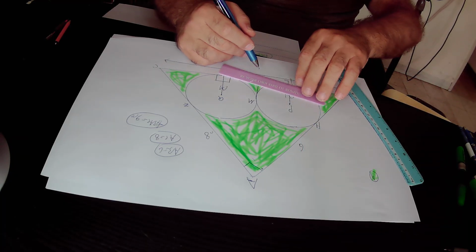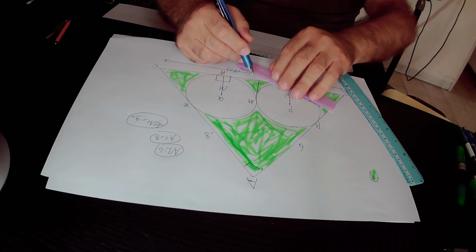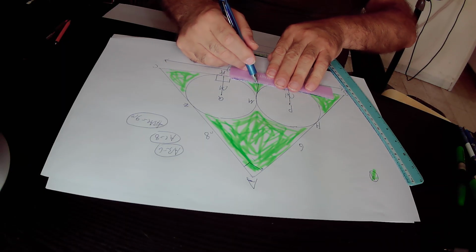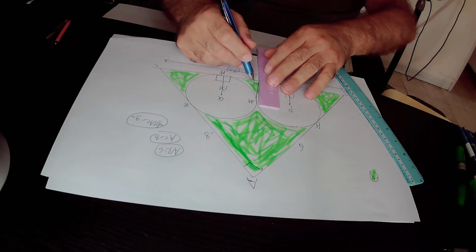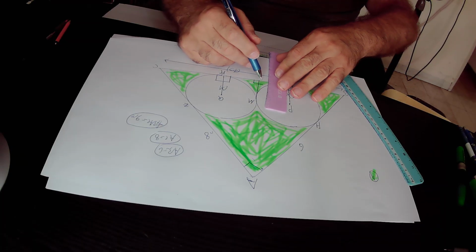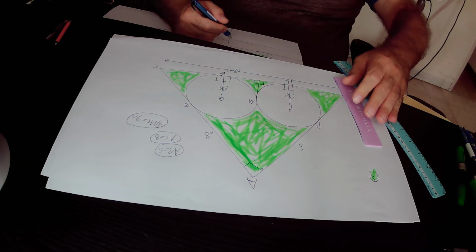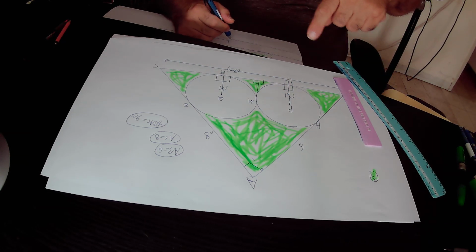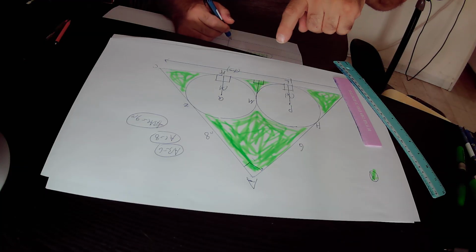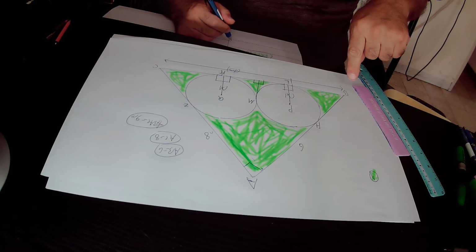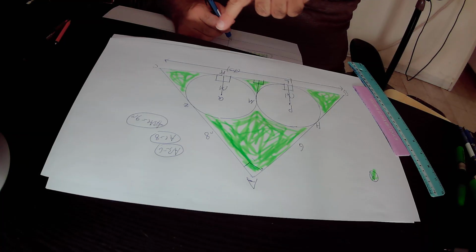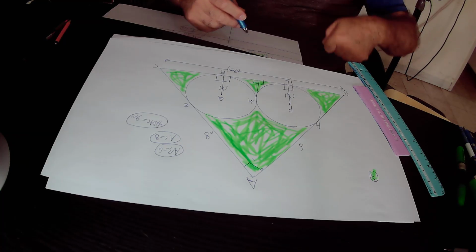So actually, this angle equals 90 degrees, and this angle also equals 90 degrees, according to our construction. So we find the touching point of the perpendicular from point M and the tangent BC. This point is point S.